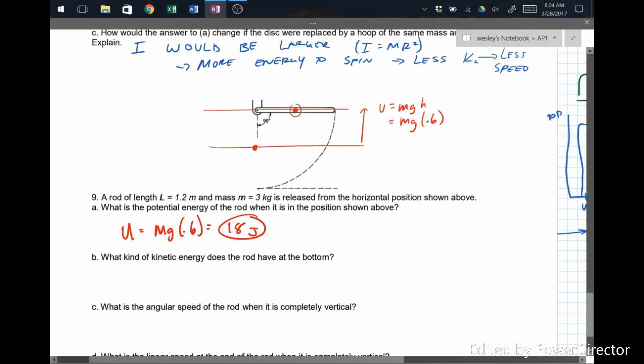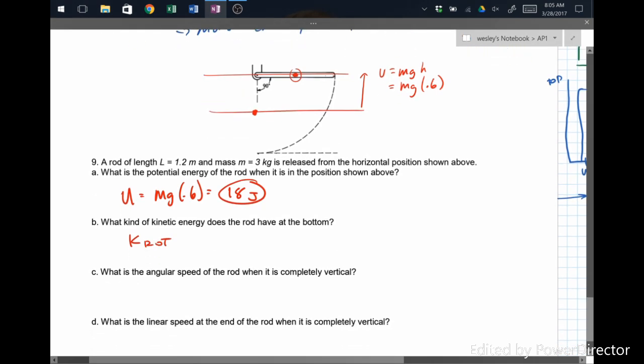And by taking the center of mass, what kind of kinetic energy does the rod have at the bottom? It's not moving in a traditional way, so what we're going to say is at the bottom it has rotational kinetic energy. So if I want the angular speed when we're at the bottom and we're completely vertical, all of my potential energy is 0, so everything is rotational. Rotational kinetic energy at this point is going to be 18 joules. So 1/2 I omega squared is equal to 18 joules.